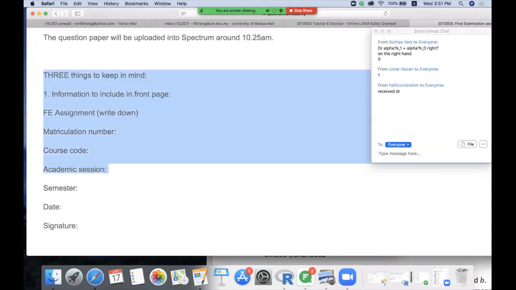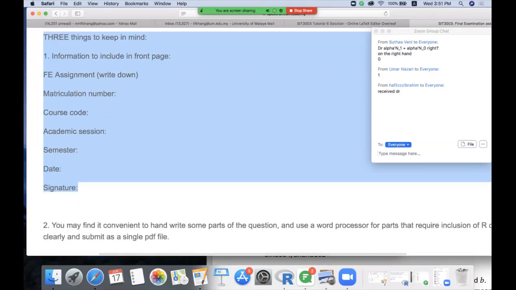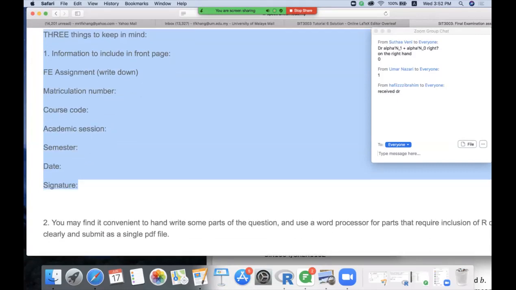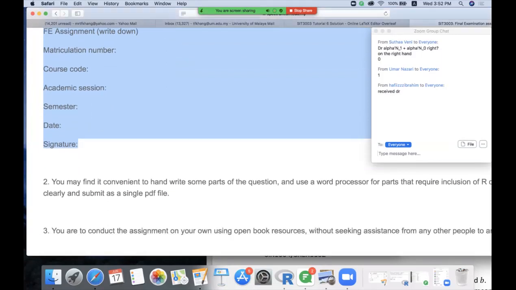These are the things you have to have on your front page: write down the FE assignment, your matriculation number, your course code, academic session, semester, date, and sign it. Put a signature on it.